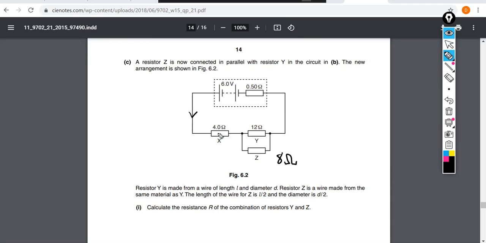If there's 12.5 ohms of total circuit resistance, then we could calculate the current drawn from the battery, V over R, and this might be overkill for this. I might not need to go this route. 6 over 12.5 means that the current in this situation is 0.48 amps.